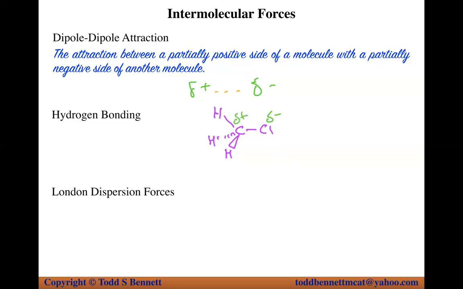They will line up in a way where the structures will prefer to be lined up like this, where the delta plus is near the delta minus, meaning if this molecule lines up this way with the Cl pointing towards the right, then its neighboring molecule will be induced, or it'll find it favorable to put the chlorine on the same side on the right, so that the delta minus of one side can interact with the delta plus of the other.